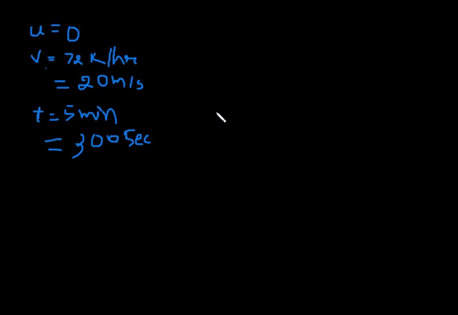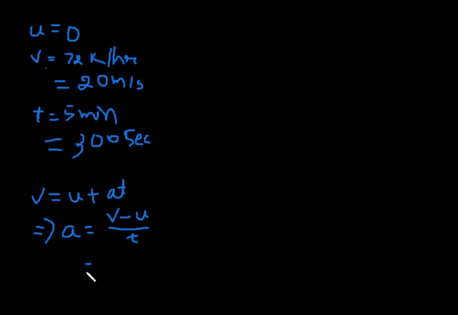Now acceleration, you know that v is equal to u plus at. From here, if you are going to find out acceleration, a will be equal to v minus u divided by t.